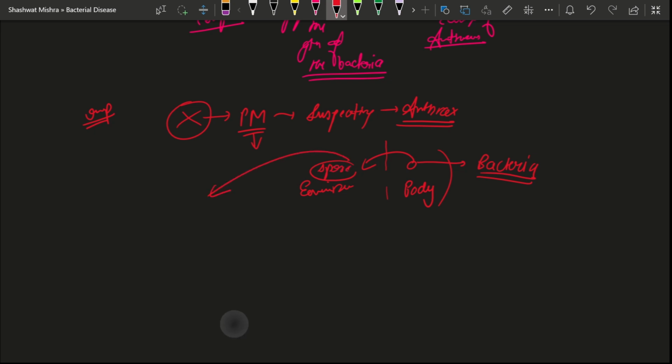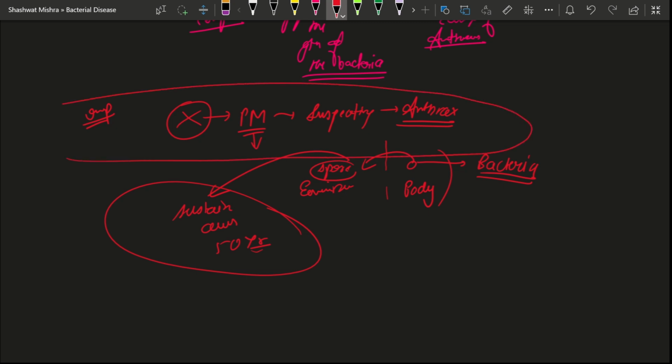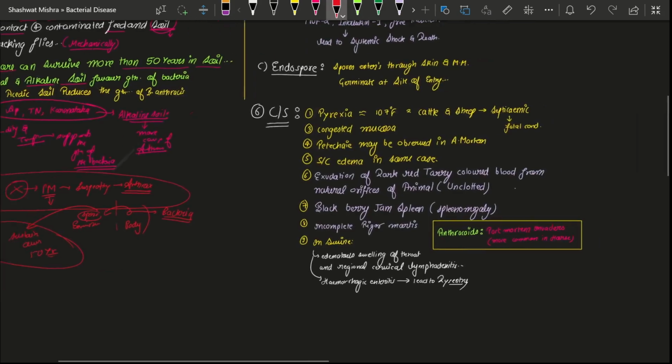That spore can sustain over 50 years, which is good for the bacteria but not good for us, right. So it is not recommended to do postmortem whenever we suspect a case of anthrax. Please remember this, it is quite an important question also.